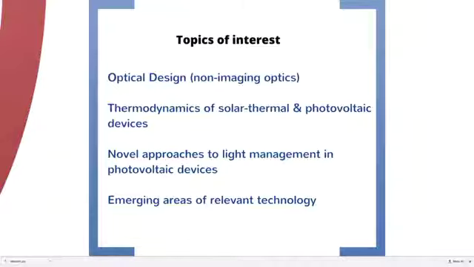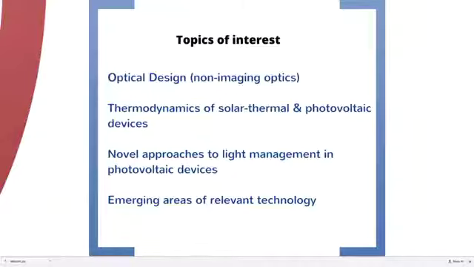So for instance, a good example of the second law of thermodynamics, which limits optical design, is you cannot do arbitrarily large concentration. What does that mean? It means you cannot take light from an infinitely large area and focus it to a finite area.